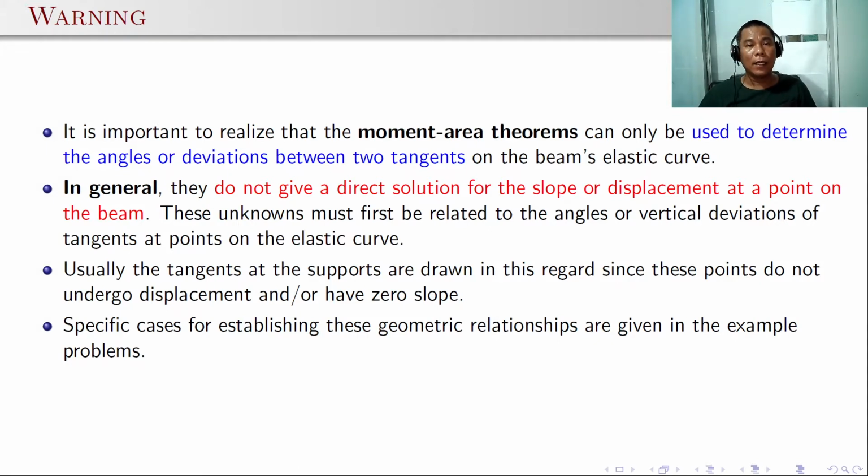But these unknowns must first be related to the angles or vertical deviations of the tangents at points on the elastic curve. Usually, the tangents at the supports are drawn in this regard since these points do not undergo displacements and/or have zero slope. So it's very important to draw the tangents at points that do not undergo displacements, especially the supports. Specific cases for establishing these geometric relationships are given in the example problems.